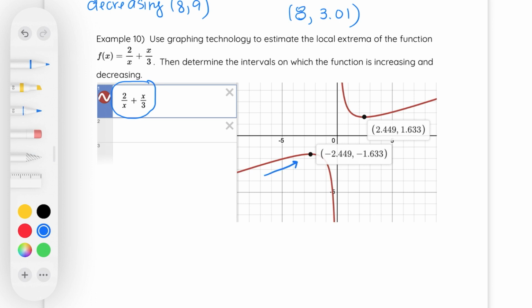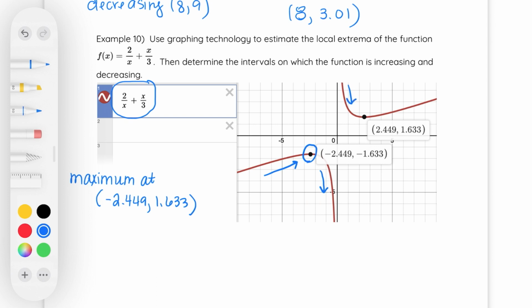So notice I am increasing here, and then I immediately go to decreasing. So because I'm switching from increasing to decreasing, I have a maximum at negative 2.449, 1.633.